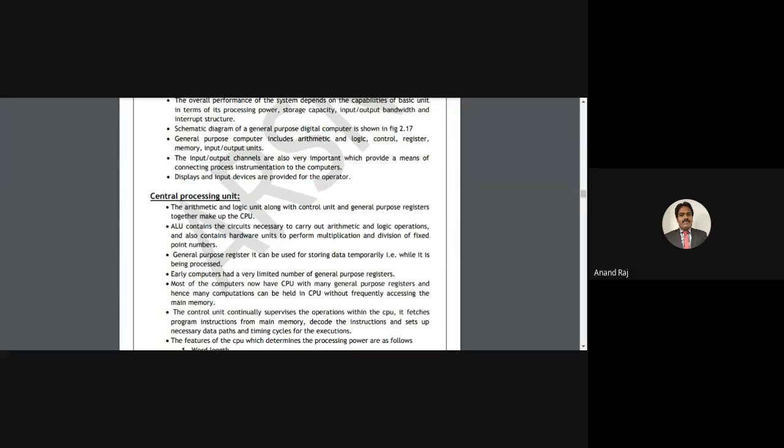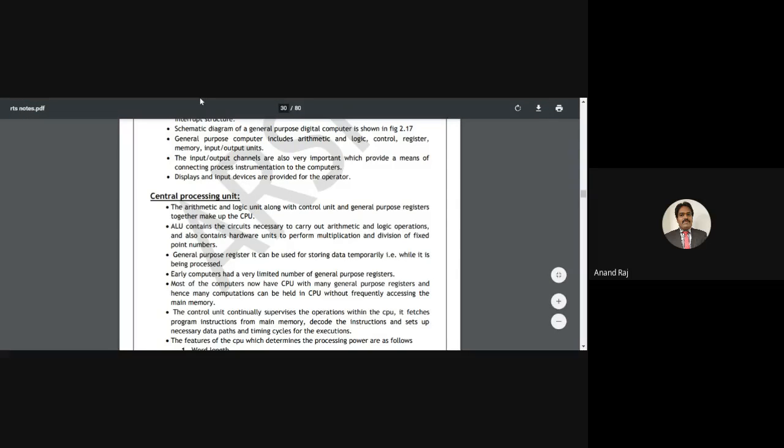For example, the computer will perform addition and subtraction. How is multiplication done? Multiplication is done using successive addition. Suppose you multiply 2 into 2, the answer is 4. We use tables, 2 times 2 is 4. But computers will add. Successive addition is carried out by computers to multiply, and successive subtraction is for division.